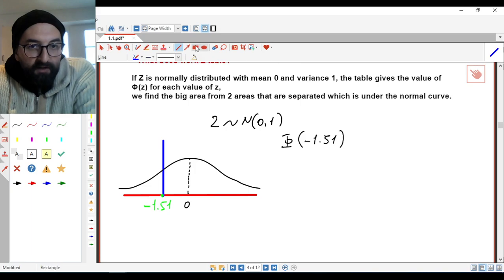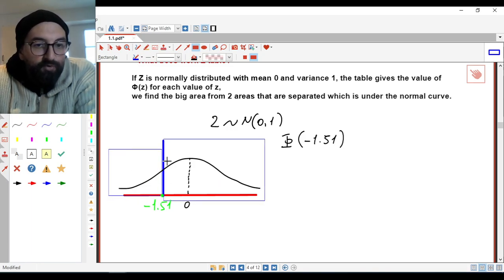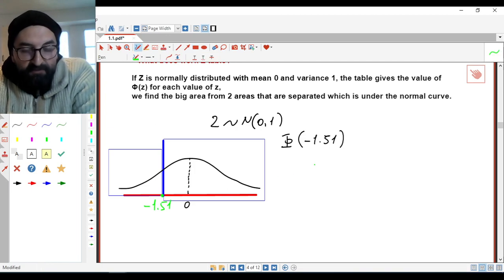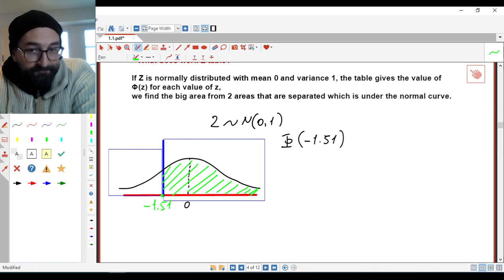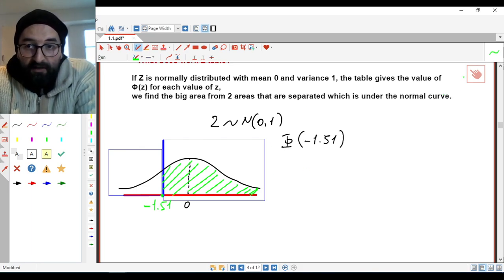The first one is the big area here. The second one is the small area. When you look at the z-table and find 1.51, you can find the big area here.